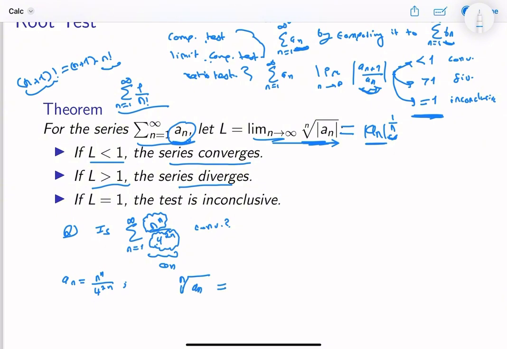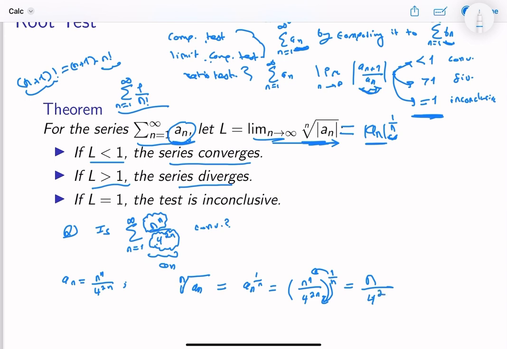The nth root of a_n is a_n to the 1 over n, and this is equal to n to the n over 4 to the 2n, all of it to the power 1 over n. If you distribute this, the n over n will give you 1 and cancel out, and you'll be left with n to the power 1 in the numerator, over 4 squared, because the n's will cancel.